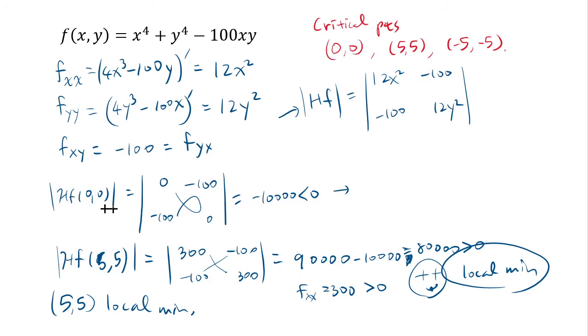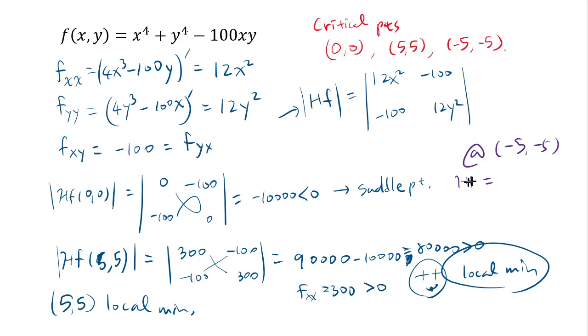Oh, I forgot to say what this meant. If the determinant of the Hessian is negative, that means it's a saddle point. At negative 5, you actually have the same exact value because all of these are squared.